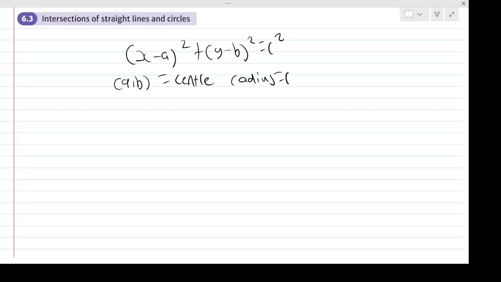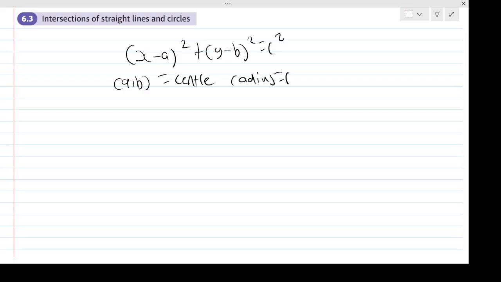Okay, in this section, why it was useful to work out the equation of a circle is that now we have an explicit equation for it, so we can consider what happens when we intersect, say, a line and a circle.